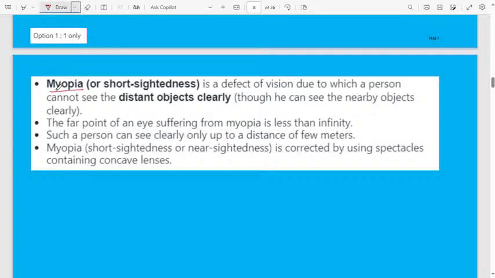First one, myopia, means short sightedness, a defect of vision due to which a person cannot see a distant object clearly. Though he can see the nearby object clearly, he can't see a distant object.